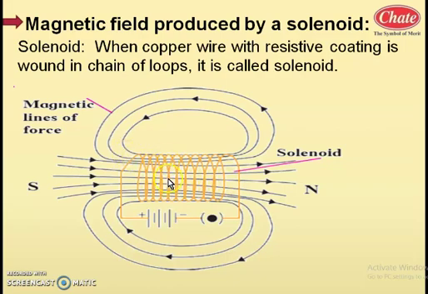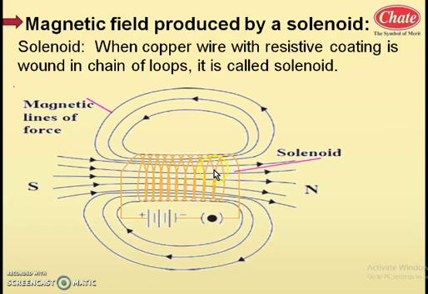Inside this solenoid we are getting magnetic lines almost parallel, and this is exactly similar to a bar magnet, because inside the bar magnet also the magnetic lines are parallel to each other, which represents uniform magnetic field.